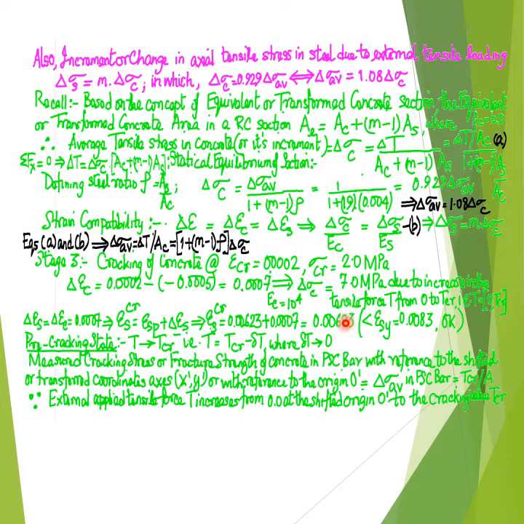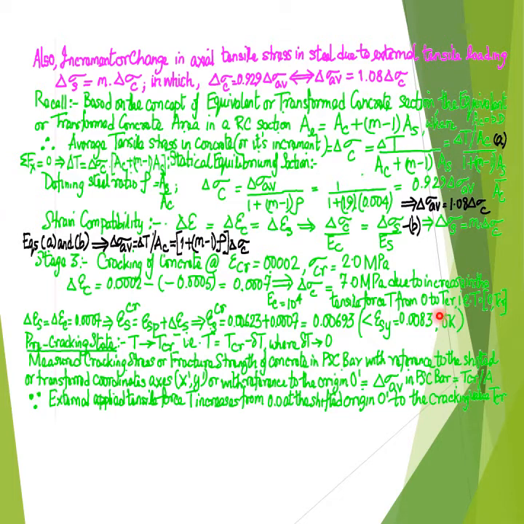It is worthwhile to note here that one should check that the average applied actual tensile strain in the pre-stressing steel at the point of cracking of concrete does not exceed the yield strain of the steel.